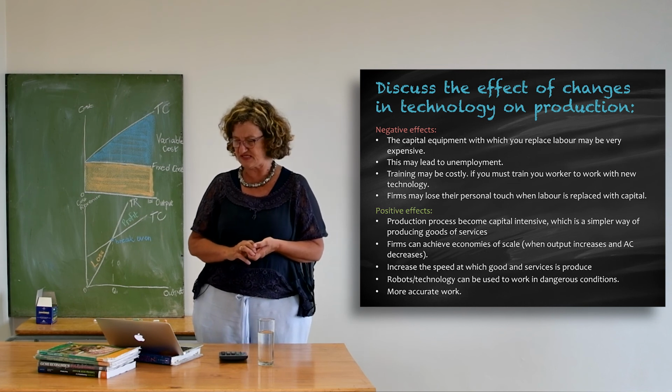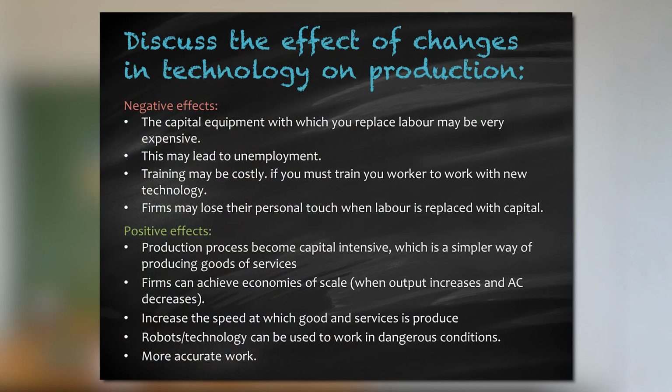You can see here, we have said it's simpler, the variety can be lacking in the circumstances. You can achieve economies of scale. The speed at which you produce is much higher.